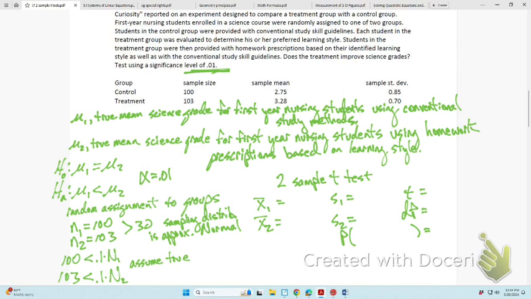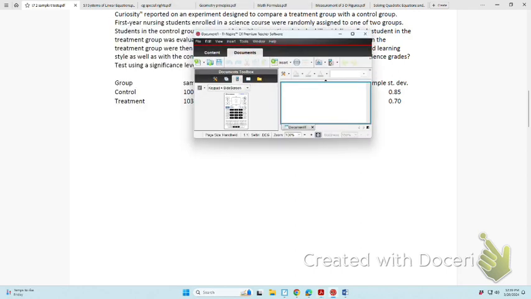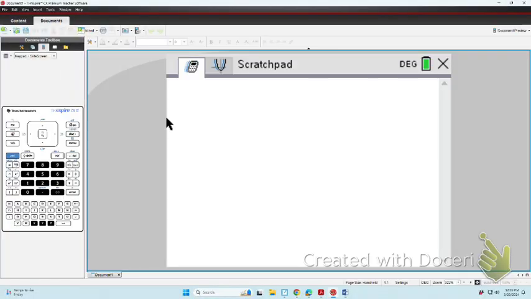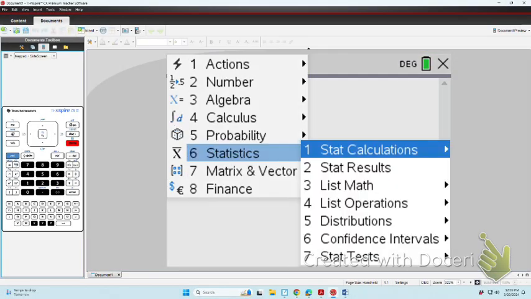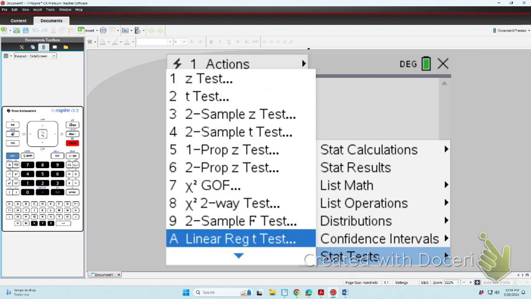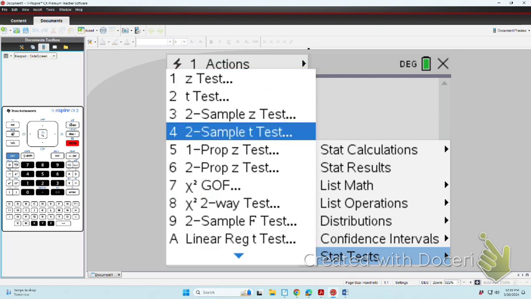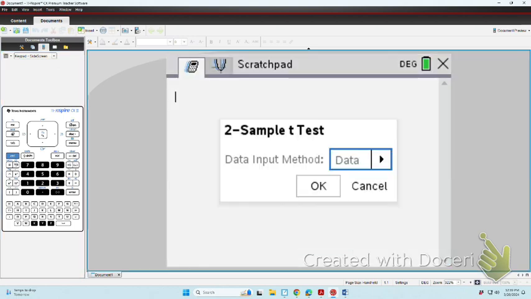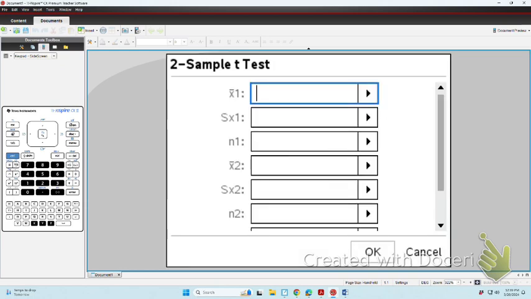So I'm going to run it on my calculator. I forgot to bring it over. Here it is. We go to menu, stats, stat tests, and we want 2-sample t-test. This time we have stats. We don't have a list of data values. We just have stats.